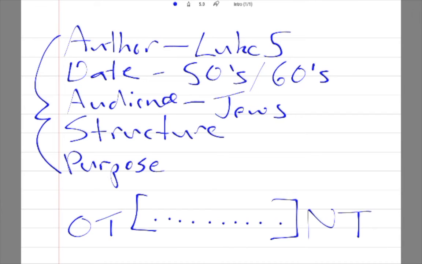Very logical, very easy to memorize compared to the other 3. Has 5 major discourses. This gets into the structure right here. 5 major discourses. And it's bookended itself by indicators that this story is part of a larger story that's moving toward the Gentiles. So you have an audience of the Jews where Matthew is very concerned, this gets down to purpose, with proving that Jesus is the long-awaited Messiah.